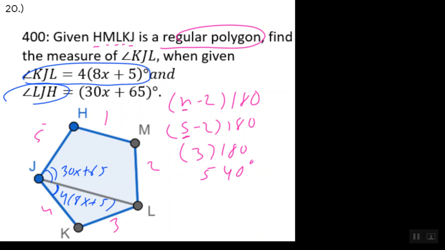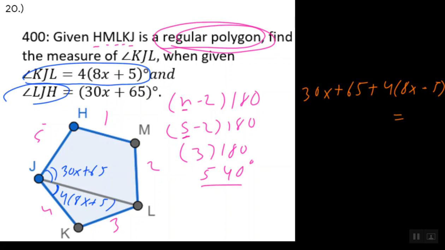So we can start to do a formula where we say, 30x plus 65 plus 4 parentheses 8x plus 5 is equal to, and here, if we know it's a regular polygon or regular pentagon, we can divide 540 by the number of sides, or 5, which is 108. So we set that formula equal to 108, and we can solve for x.